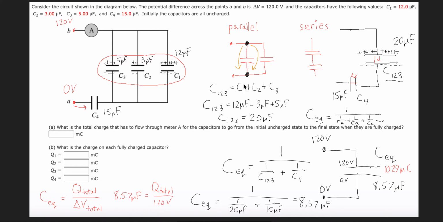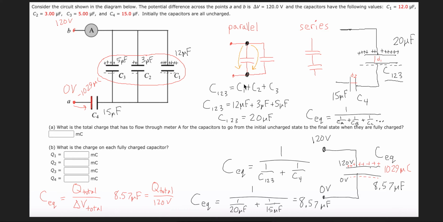And with that in mind, that left plate has to have negative 1029 microcoulombs on it, because it's the only thing which can take the negative charge that's on my equivalent capacitor. Because remember, the equivalent capacitor is imaginary. We have to look back at the real circuit to see what those charges would really go on to.